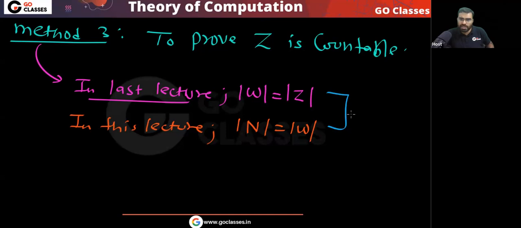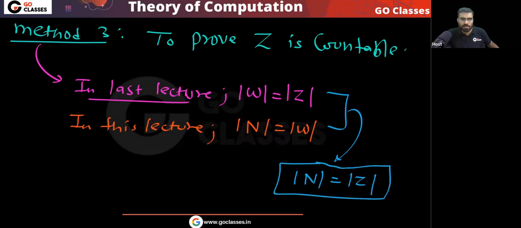So from these two, I can say they also have the same size. Yes or no? So I can say Z is countable. Okay.